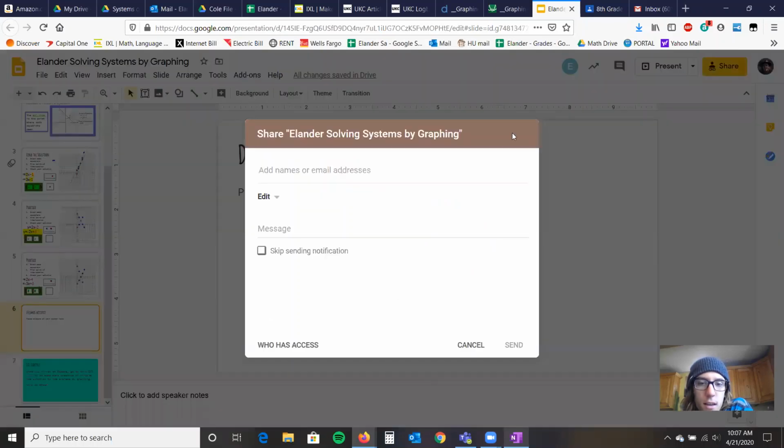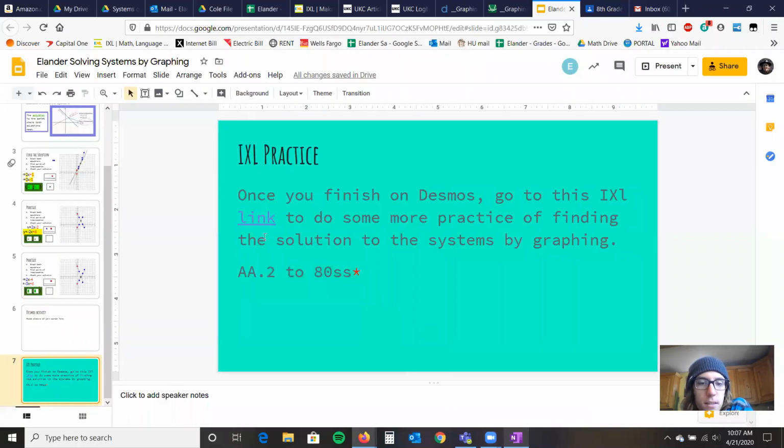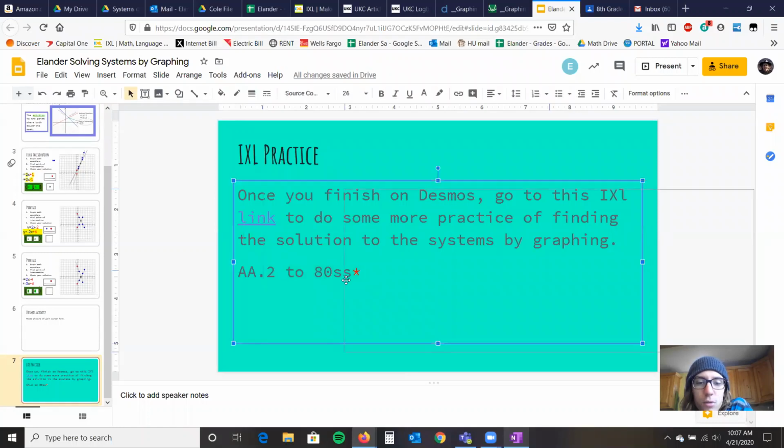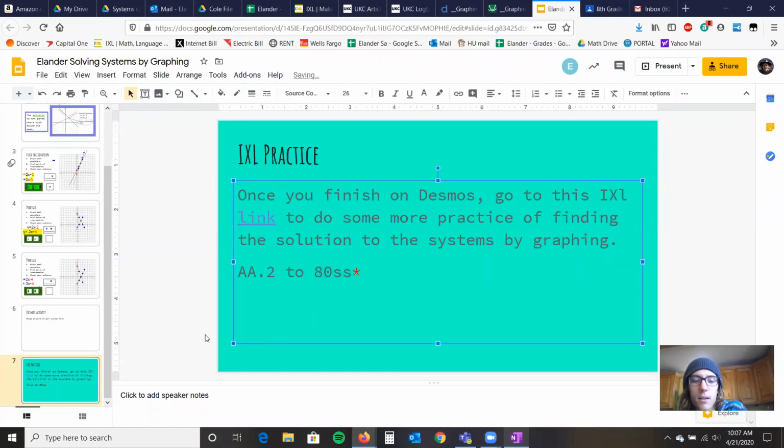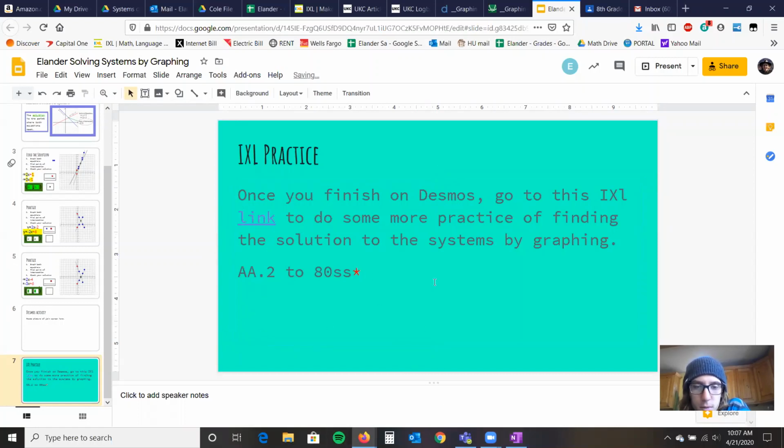Share like that. And then the only other assignment is IXL practice AA2 to 80, okay? It's maybe even a little less work than the Desmos one. You just have to use the little graphing tool that they have. So AA2 to 80, and those 6 problems that you guys are already partially done with, and that's the only thing you have to do on Thursday.